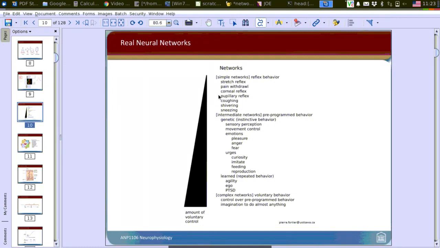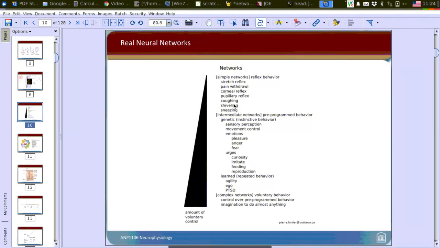When a sensory stimulus is presented to the central nervous system, the first network will automatically produce a response. Typically, when there's sensory information, if it's appropriate for simple networks, they will activate first.